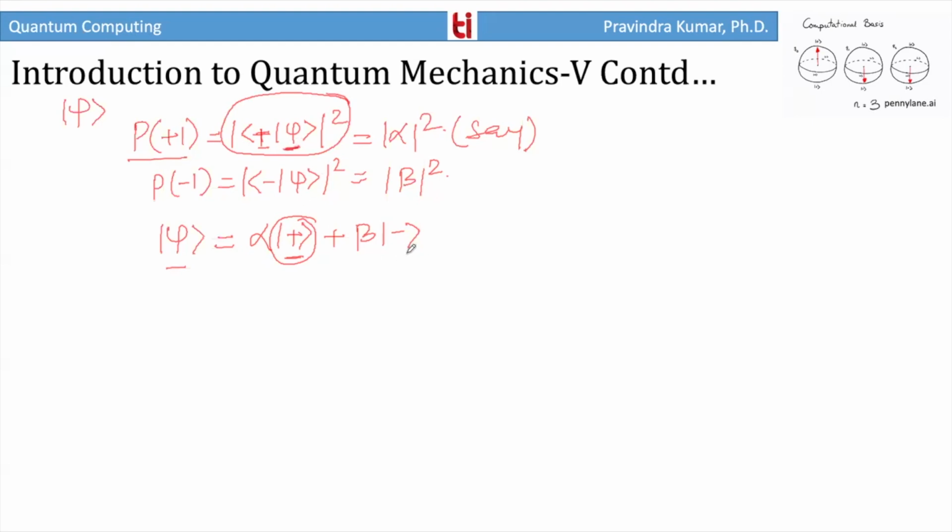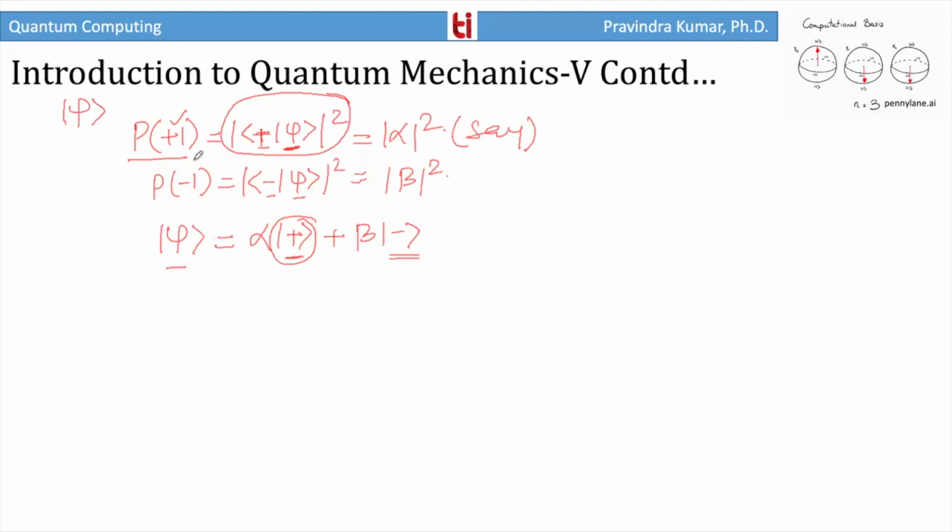And the probability of getting minus is the mod square of the inner product of minus and the actual state psi. The eigenvalue plus 1 is the measurement result, and the eigenvector ket plus is the state the system ends up in after you see plus 1.